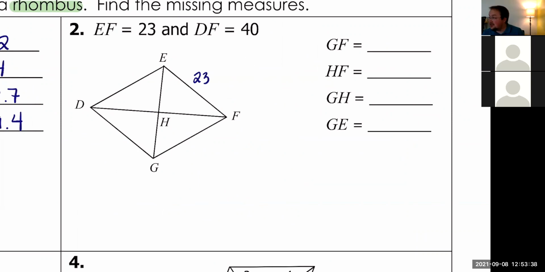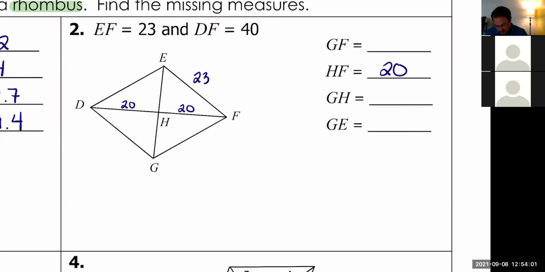Put half on each. So you're saying since DF is 40, that means DH is 20 and HF is 20. That'd be a good way to do it. Makes up the total 40. And I think that's one of the ones we needed anyways. HF, which is 20.